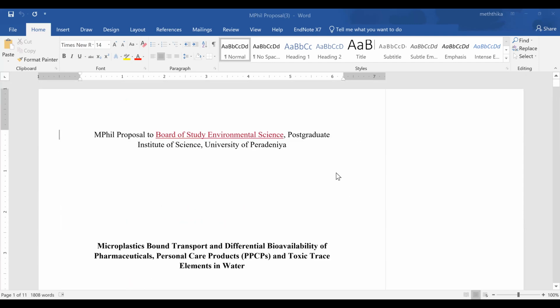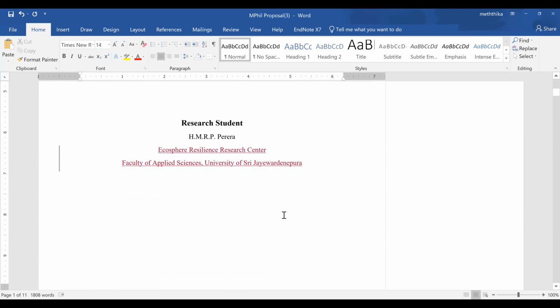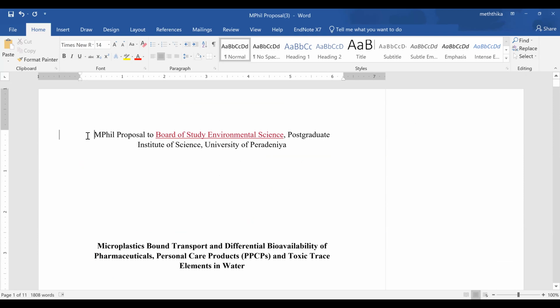If he is not asking the question, I will show another MPhil proposal that has been submitted to the Postgraduate Institute of Science, University of Peradeniya, from one of my students. Here we have put a title page, where you state where to submit the proposal.